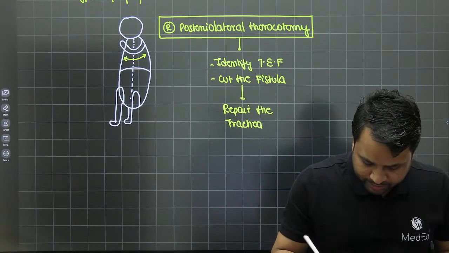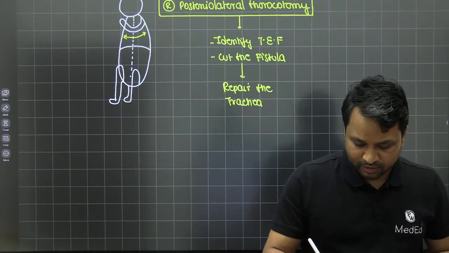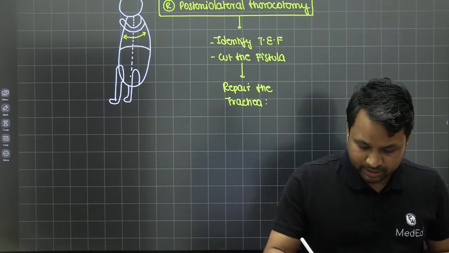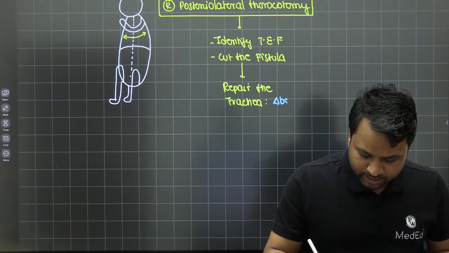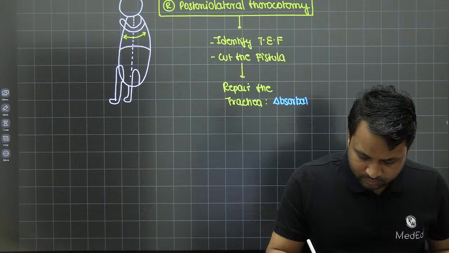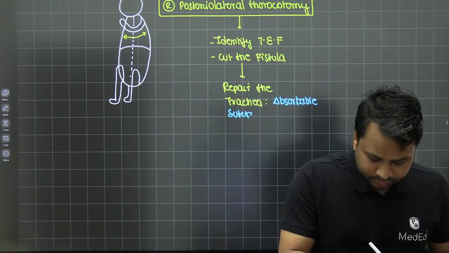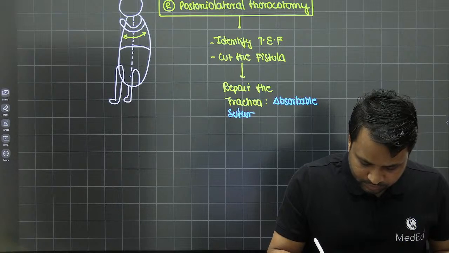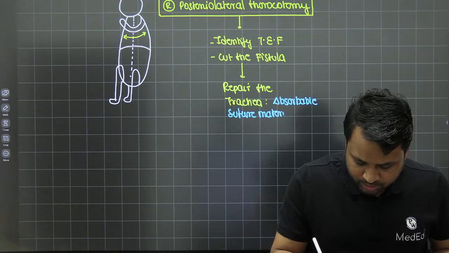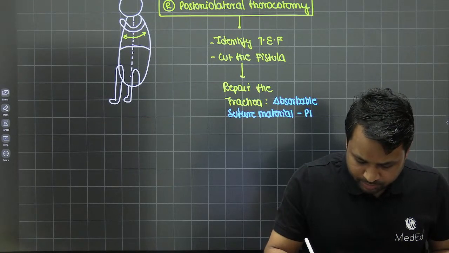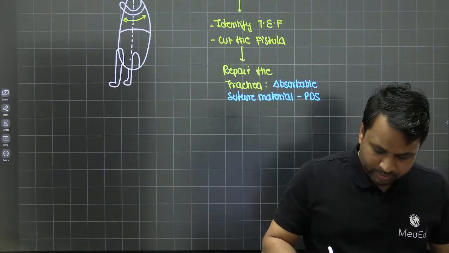I'm going to repair the trachea. And usually when you repair this trachea, we are going to use an absorbable suture material. The absorbable suture material that you use is going to be PDS.